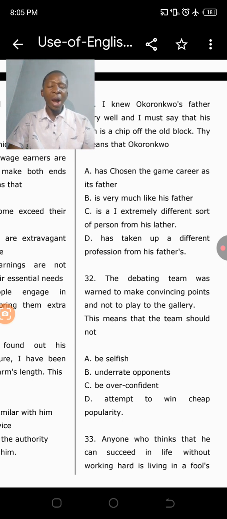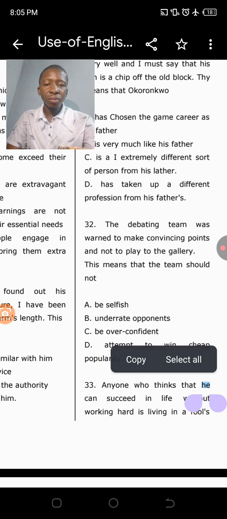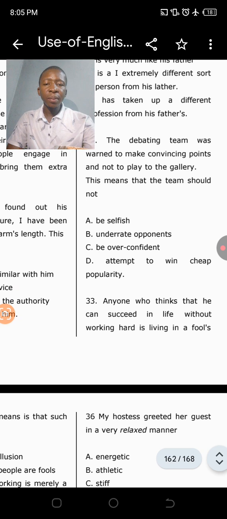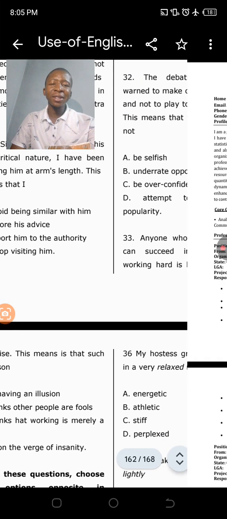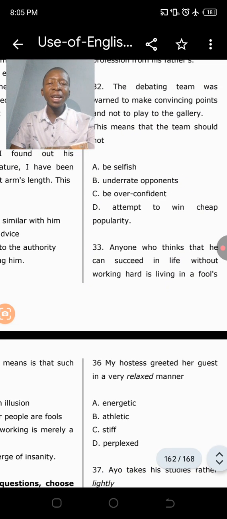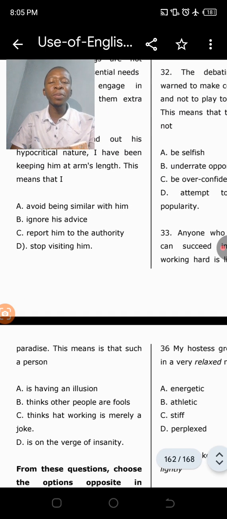So our answer there is D. Now, question 33. Anyone who thinks that he can succeed in life without working hard is living in a fool's paradise. So, whoever thinks he can succeed in life without hard work is actually living in a fool's paradise.